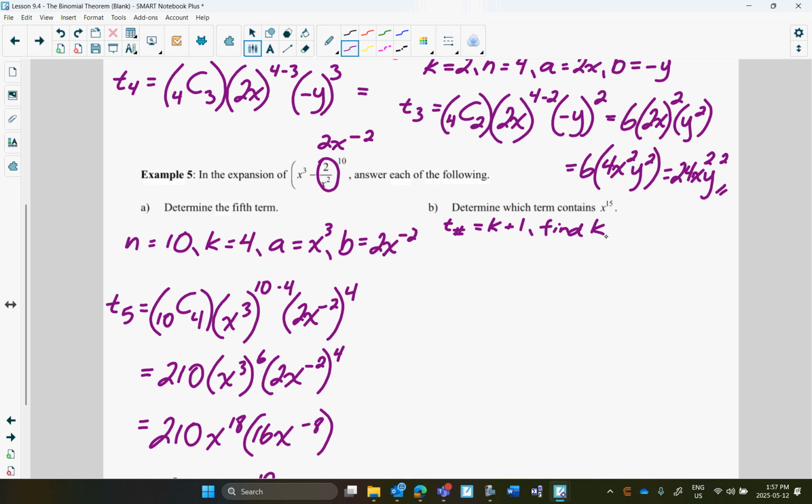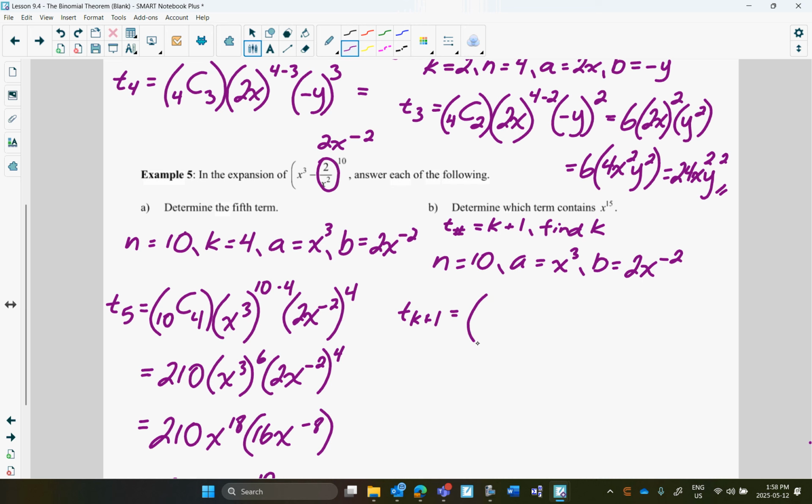So it's k that's unknown, which means that we know n. Well, it's 10. We know a, it's x to the third. And we know b, it's 2x to the negative second. So if we use our formula to find t of k plus 1, I have to do n choose k.